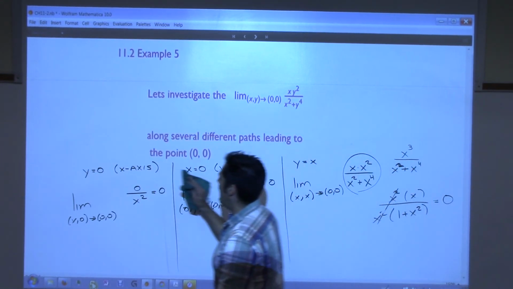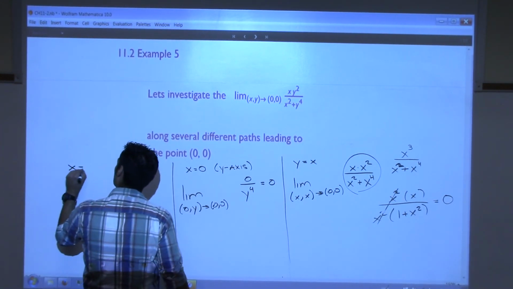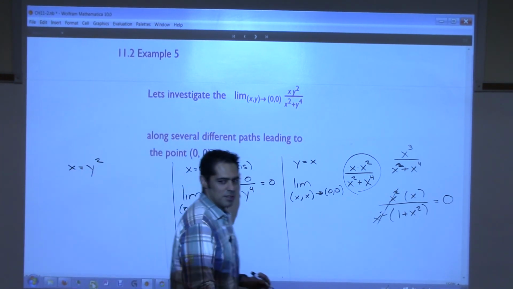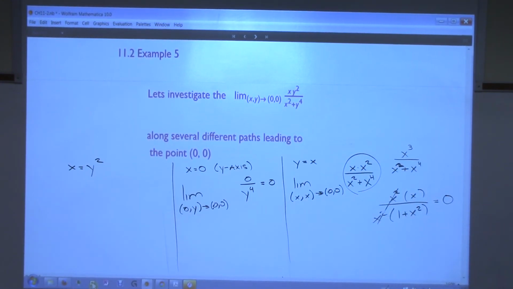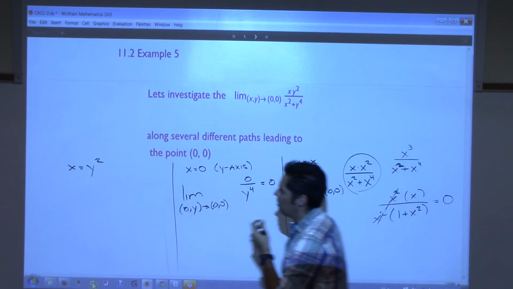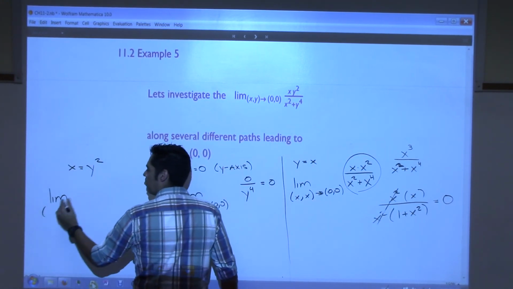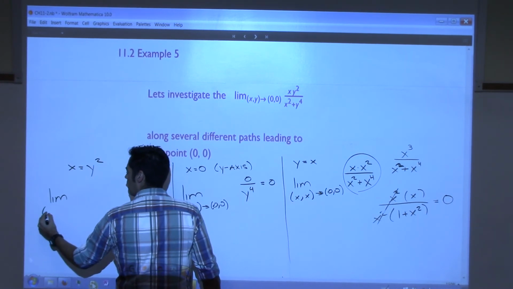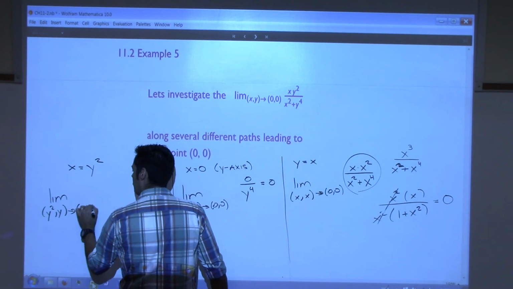So this path, what was it? X is what? X is y squared. So let me replace that. This limit's going to be limit, instead of x, I'm going to put what here? Y squared. Y approaches 0, 0.